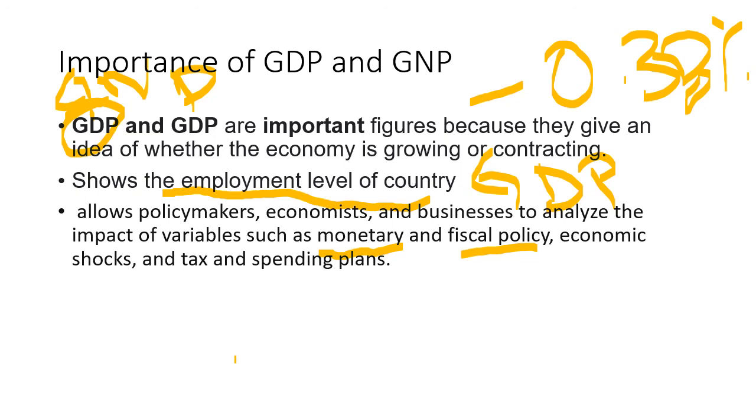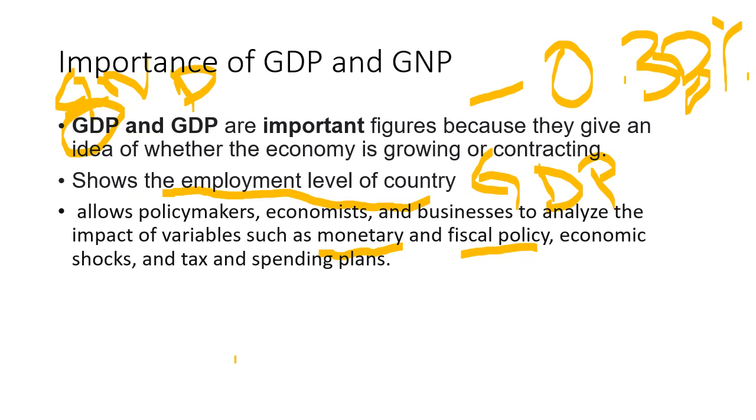And the private business class also uses these two indicators to make their business plans. If GDP and GNP of a country are increasing, it means more opportunities are present in that country, so it will be desirable to do business in that country, right?